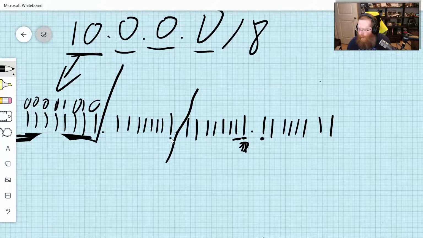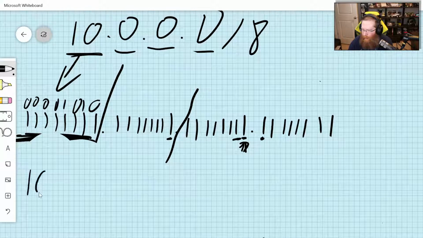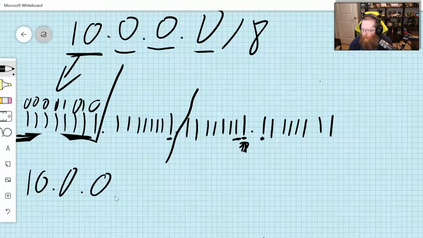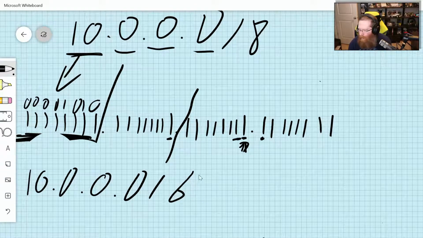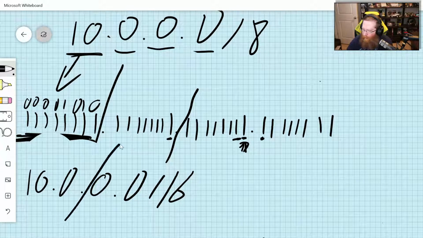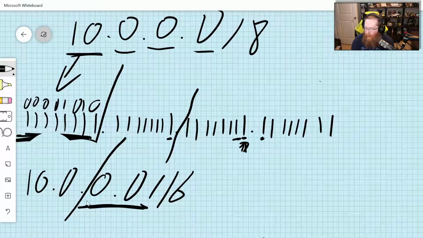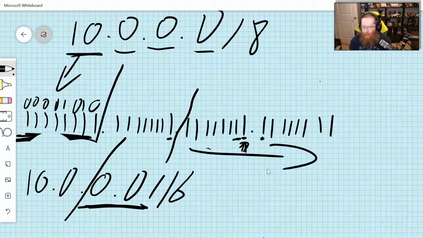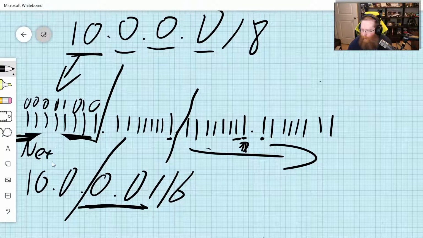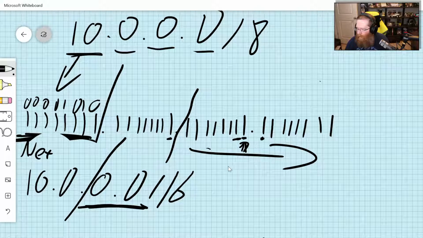And then, because that's the 16th place, this would be like 10.0.0.0/16. We would start changing our networks there. And then anything on the right of that is all potential host addresses. So to the left side, network. To the right side, hosts.